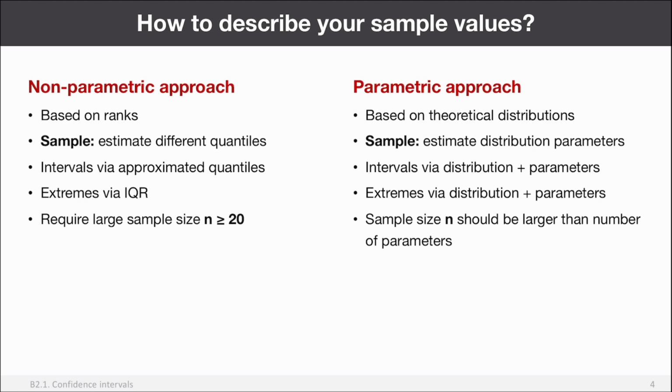In contrast, we also learned a parametric approach. In parametric approach, we assume that there is a theoretical function that describes distribution of these values. And when we say distribution, we first of all mean the densities. So in different parts of the range of your values, it's the distance between min and max, you have different densities.